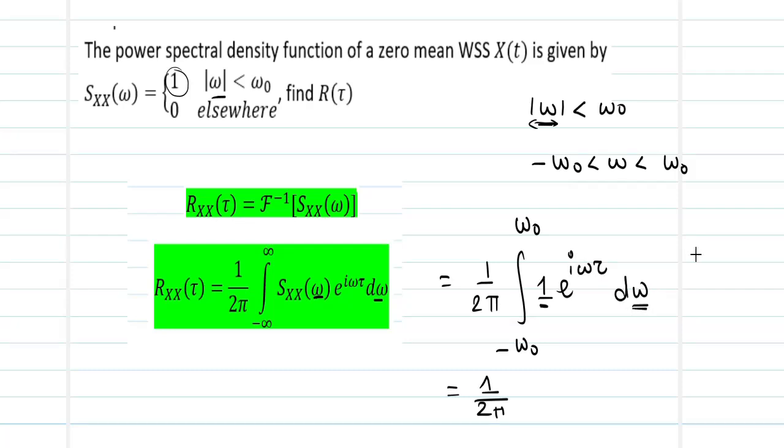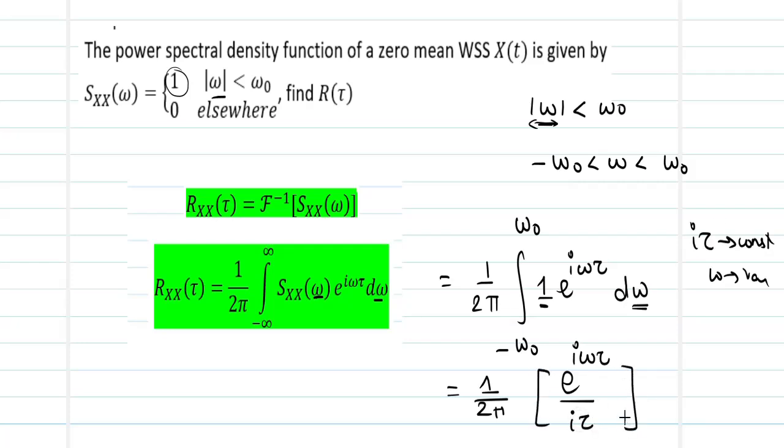With respect to omega, i and tau are going to be constant, and omega is going to be my variable. So e power i theta on integration gives you e power i theta divided by the constant part I will have to divide by, which will be my i tau.